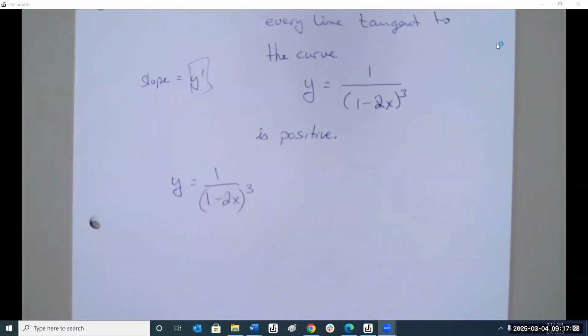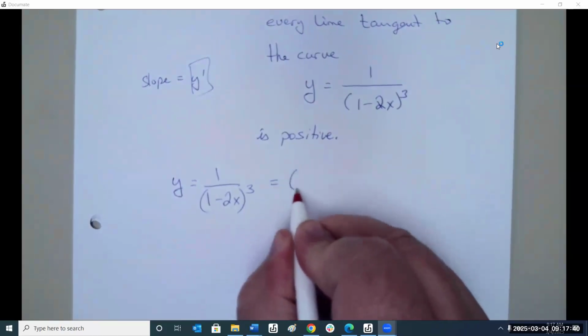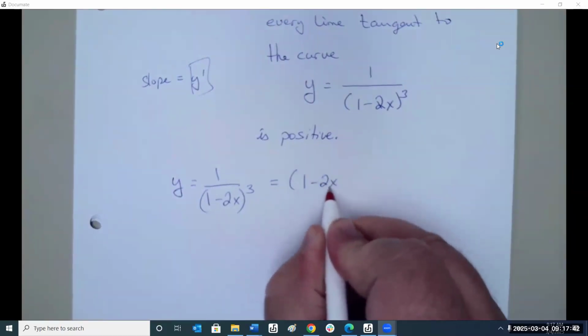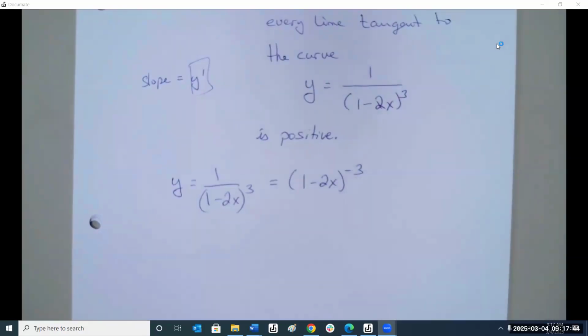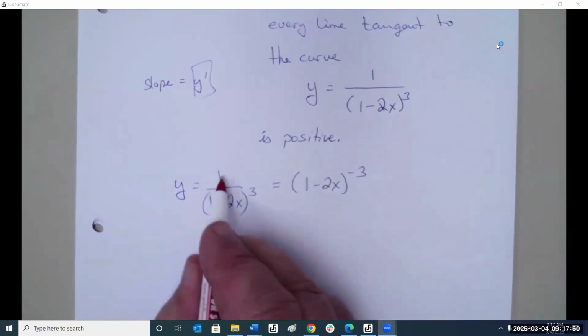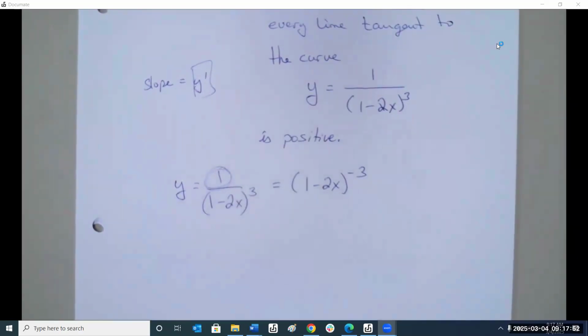How do we do that? What's the first thing we've got to do? Yeah, let's rewrite it first. So we use the chain rule. Because the top is a 1, it's easy to do this.